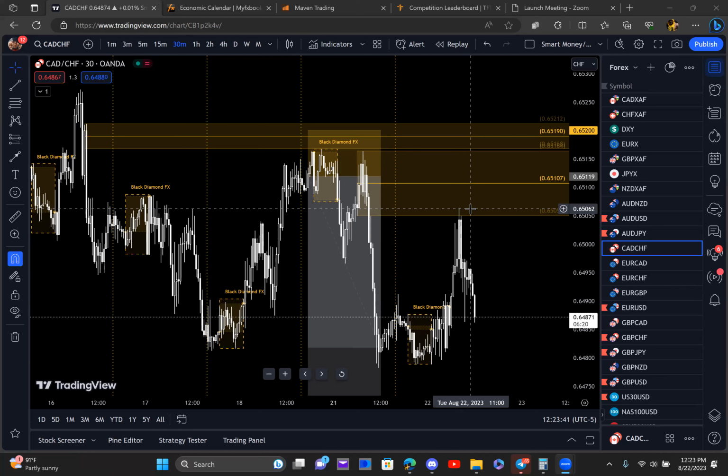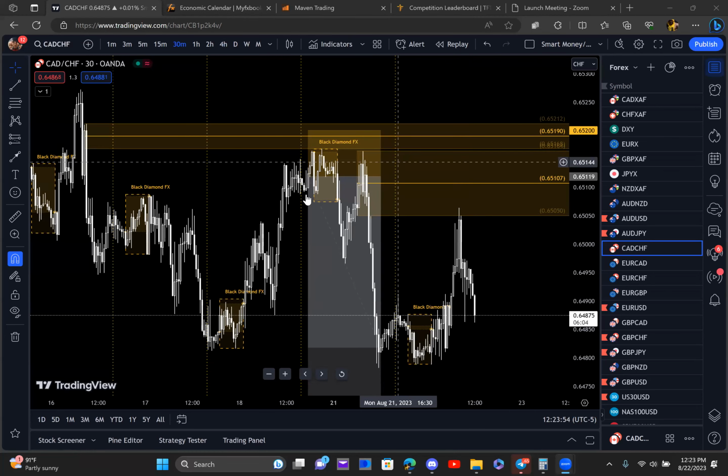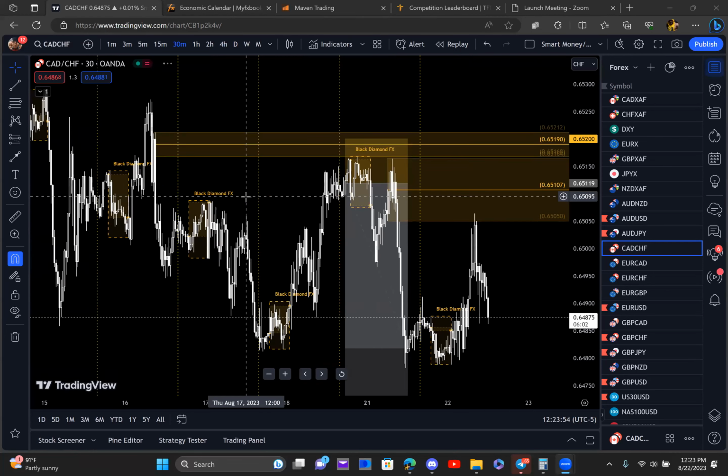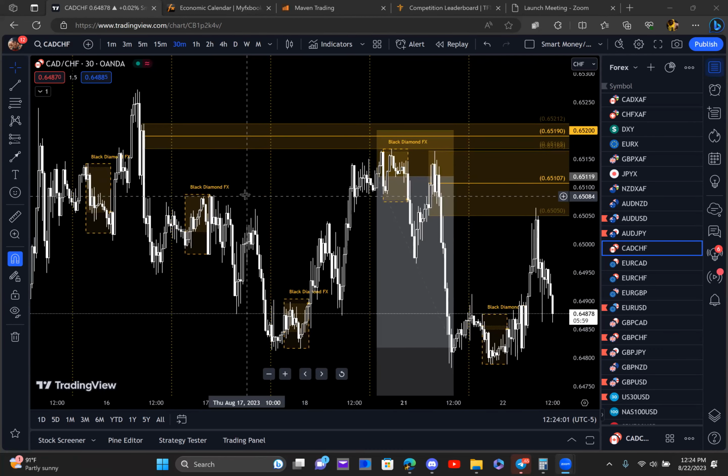This is so powerful because I combine market maker method with smart money, right? And when you combine the two, it's almost unstoppable. All right. So let me show you guys something. I don't know how many of you guys out there struggle with market maker, but we about to end this struggle right now. So check this out.